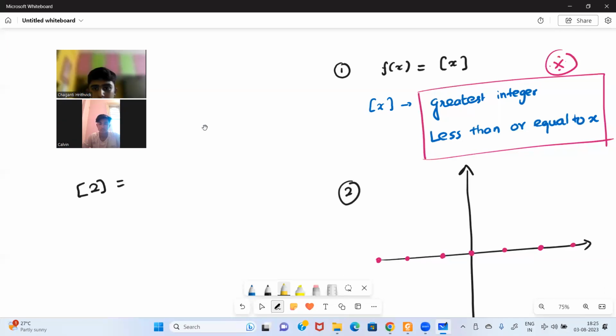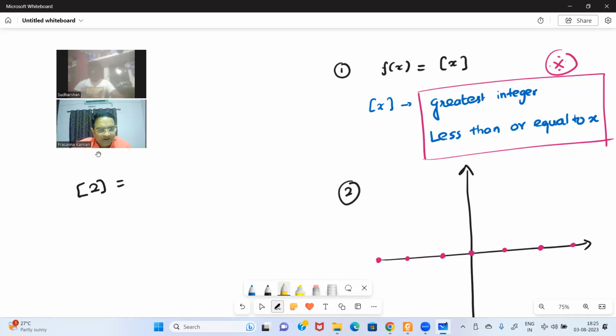Vinay, can you tell me why it is true? Because x is greater than 2. Like the previous one, you took x is greater than 1. Nothing to do with the previous one. Okay. 2 is the right answer, but how is it? Let me explain to everybody.